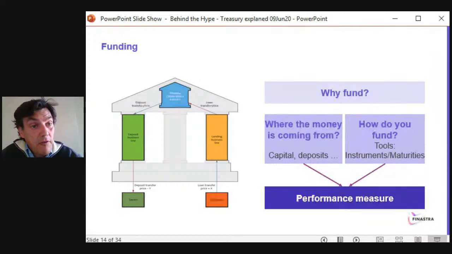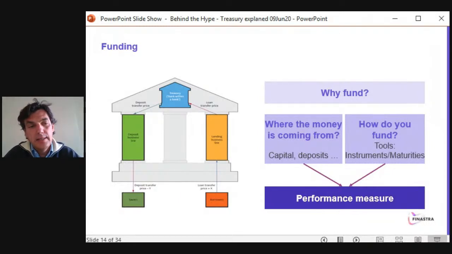So this funding function, you can think, okay, I can do it only for today. But if you want to be efficient, then you will maybe fund not only for 1 day, but for 2 days or 3 days or 1 week, 1 month, 3 months. So what is interesting in that funding function is not only that you have a choice of instruments, but you have as well a choice of tenors or maturities.